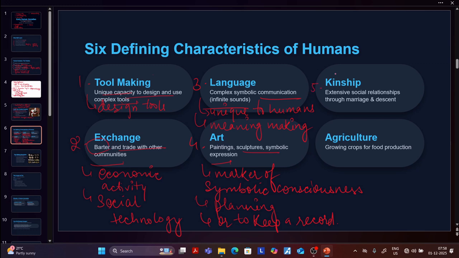Fifth, we have kinship, extensive social relationships through marriage and descent. This might seem less dramatic than language or art, but kinship is arguably the most foundational human innovation. Animals have families, mammals typically care for their young, but humans created systems of kinship that extend far beyond immediate reproduction. Through kinship, we organize society.